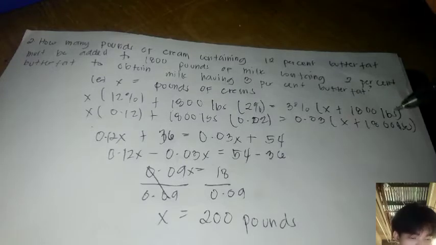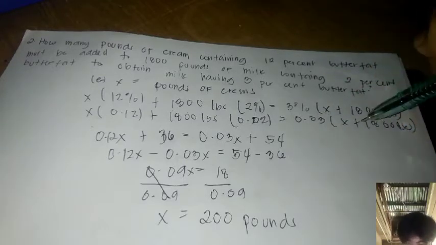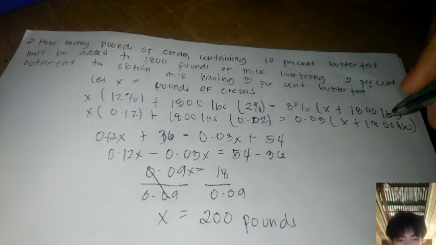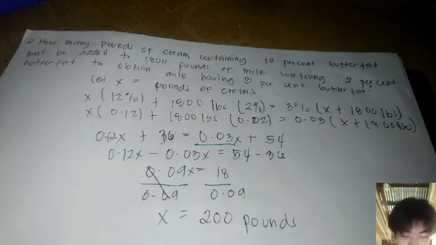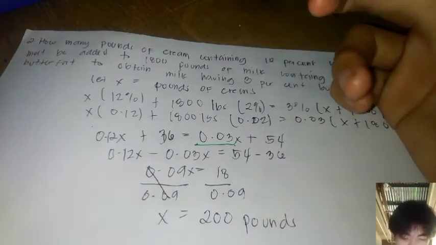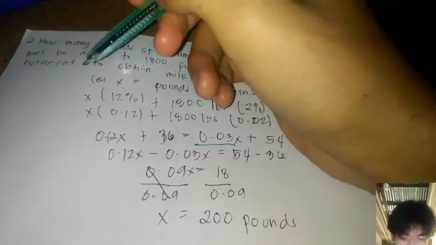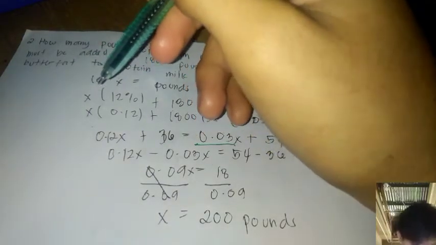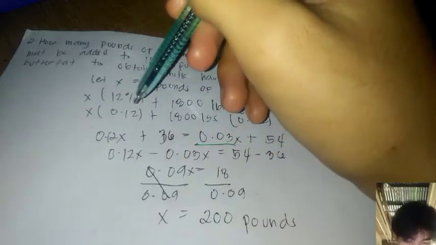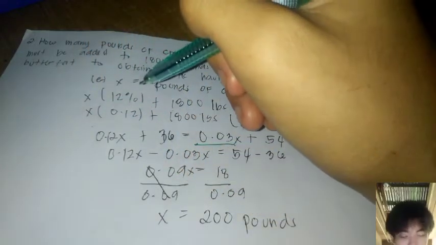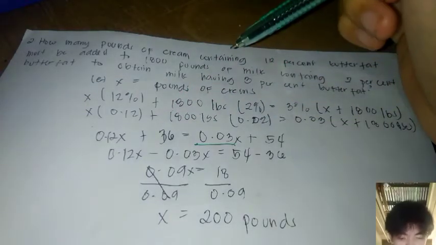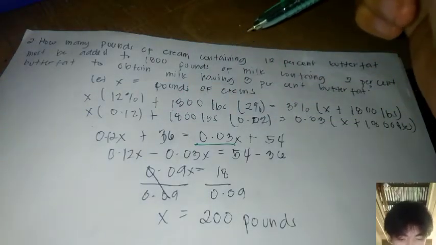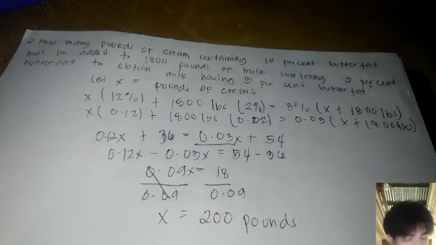So we have 0.03 times x, and then let's multiply the 0.03 to 1,800 pounds, so we have 54. And to the other side we have the x. Let's multiply the x to 0.12, so we have 0.12x plus, let's multiply the 1,800 pounds to 0.02, so we have 36.